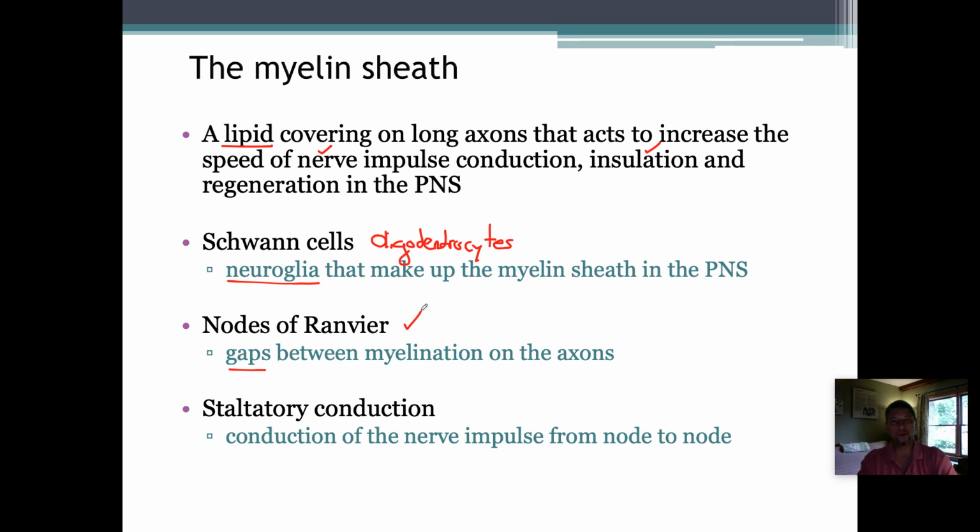And what these gaps and the myelin together do is allow what we call saltatory conduction. And so what happens here is that the nervous impulse doesn't just start here and go from one end to the next of the neuron. What it does is it actually jumps from one node to the next, and it just keeps jumping.